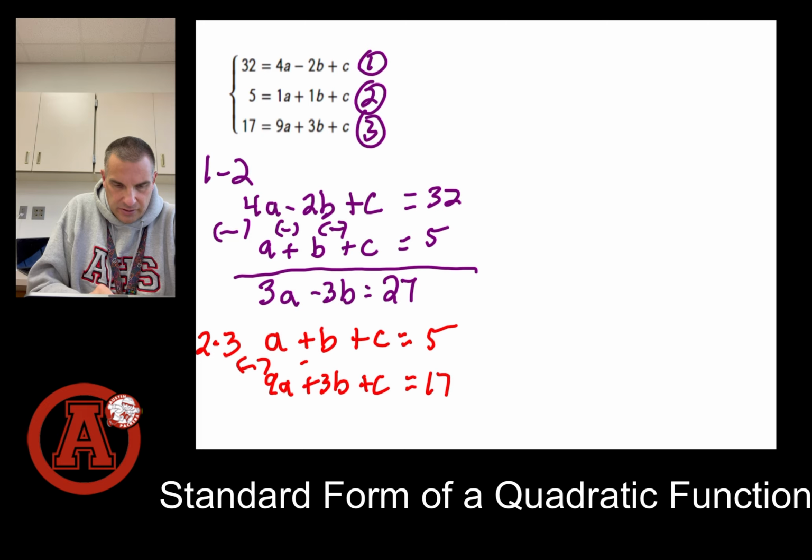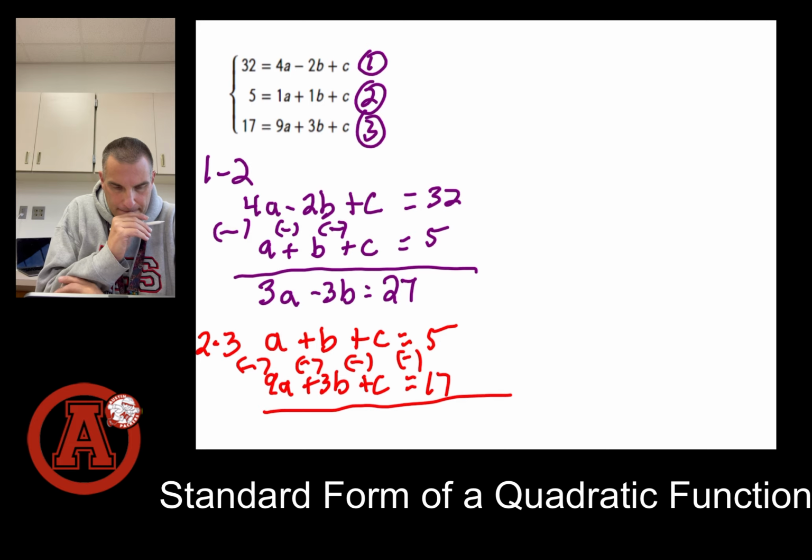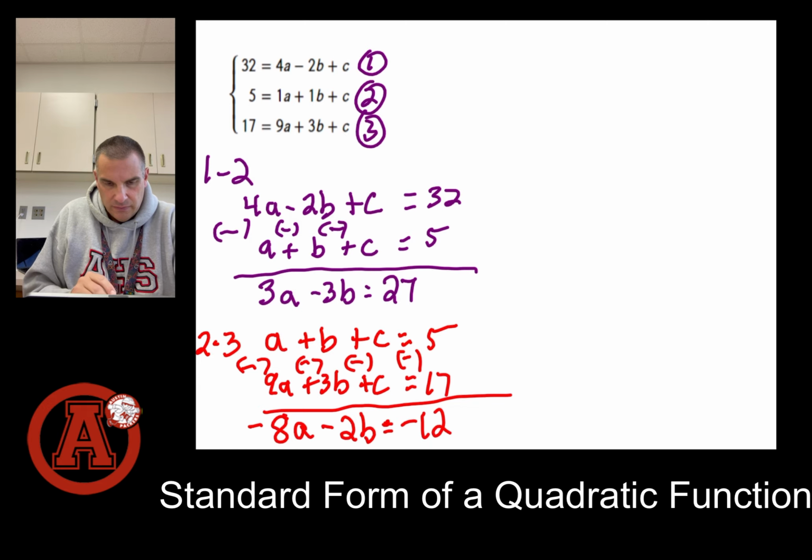I'm going to make sure that I remember I'm subtracting. So a minus 9a is negative 8a. b minus 3b is minus 2b. The c's go away. 5 minus 17 is negative 12. Yuck.